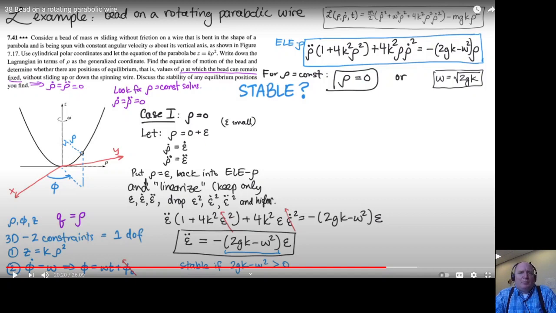I thought the work to put all of the things in terms of rho was awesome, and got to here. And then this stability argument I really liked. I actually didn't care about the rho equals 0 case. I just thought it was going to always be unstable, but I'm wrong. Turns out it's sometimes stable. So I'm just going to hit pause and see if I can do some simulation. If it doesn't work, then it doesn't work.